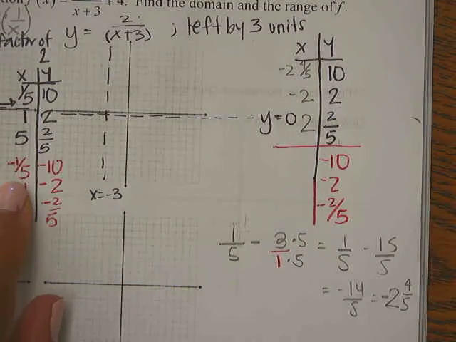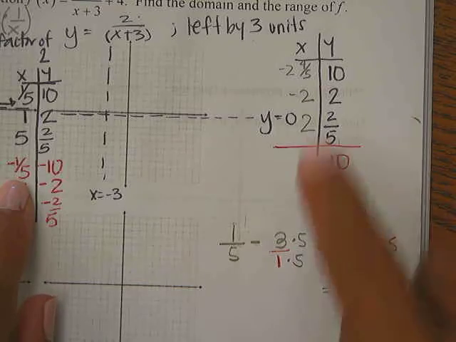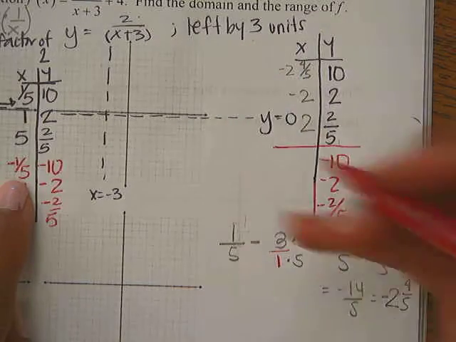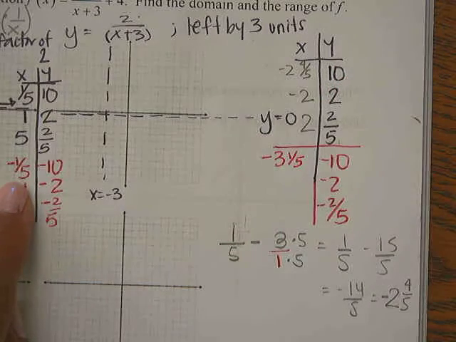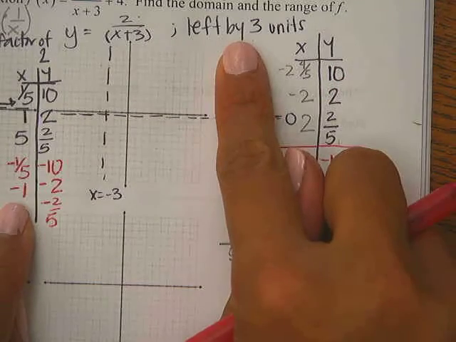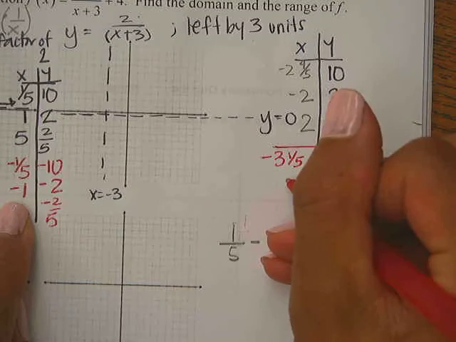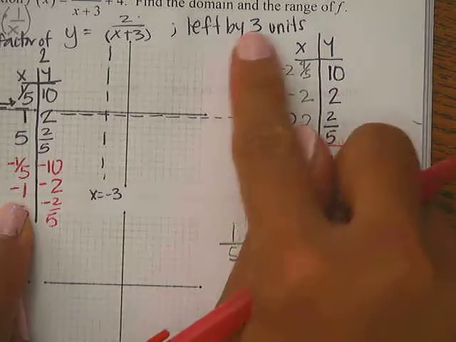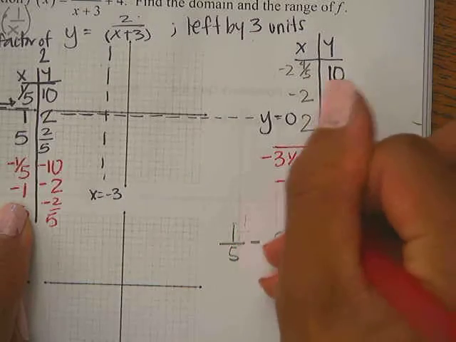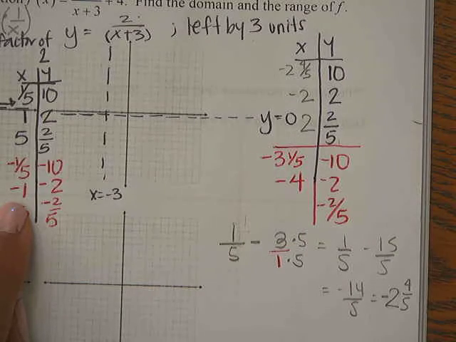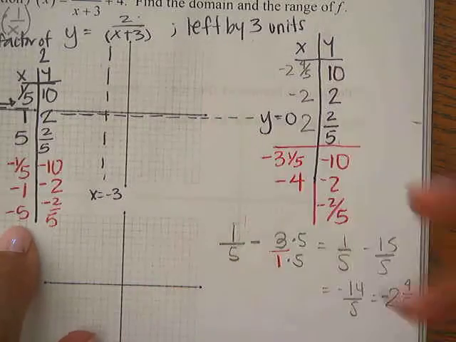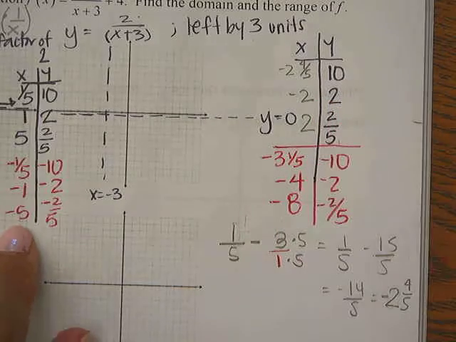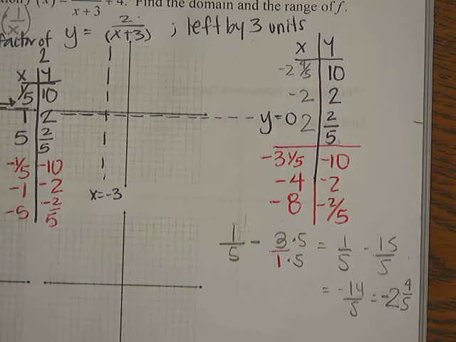Then over here, negative 1/5 minus 3 is now negative 3 and 1/5. You get a larger negative. Negative 1 minus 3 is going to be negative 4. When you minus two numbers, you get a larger minus number. Negative 5 minus 3 is going to be negative 8. So those are the 3 points I'm going to use to plot.